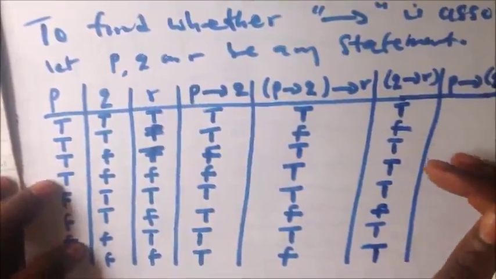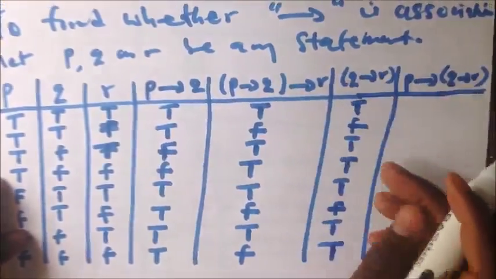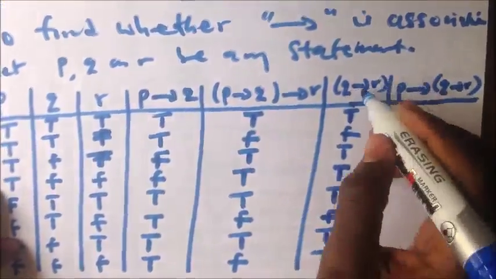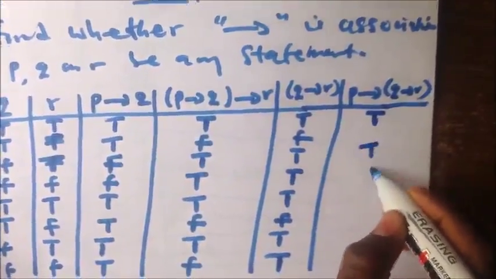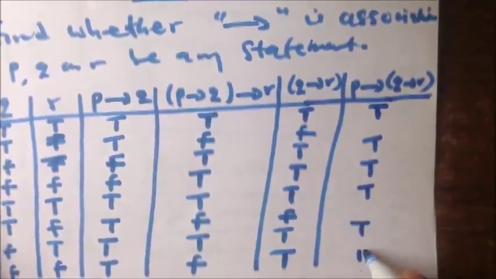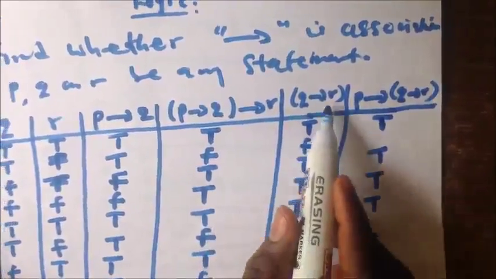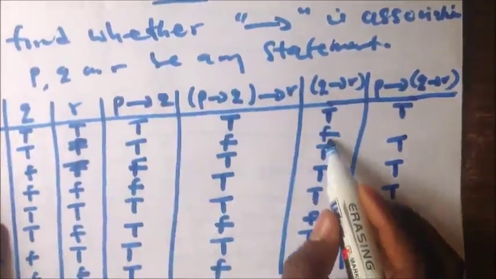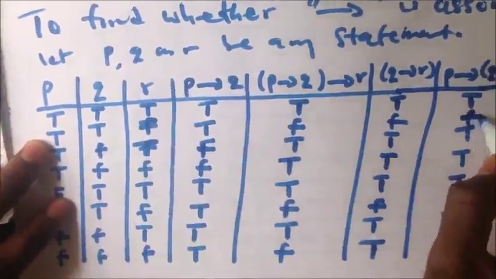Now in the case of P implies this column, it will be false only where P is true and this is false. Where this is true, the result is true. We only have this place to check for P. Then when this is false and this place is true, therefore it is false.